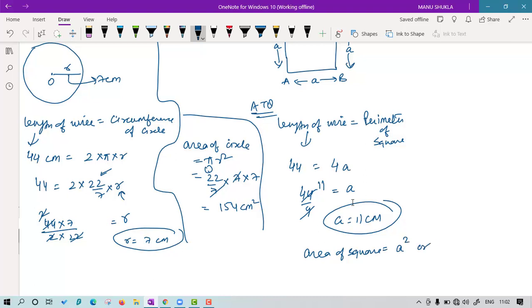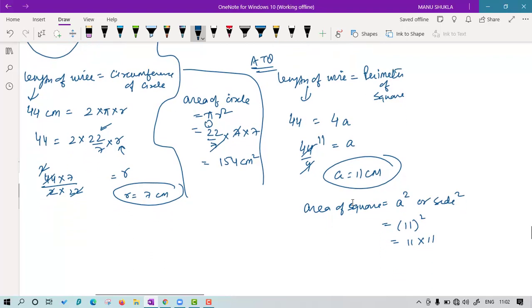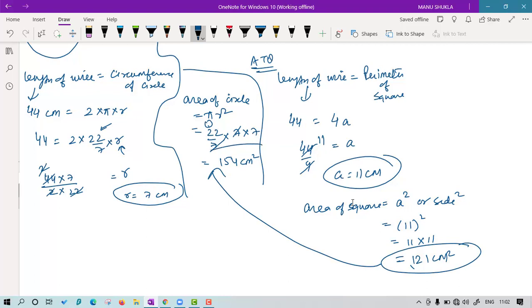Put the value 11 square is 121. So class, we can compare. Now the area of square is 121 and the area of circle is 154. Obviously, area of circle is more than area of square. I hope you people were able to understand the question. Thank you.